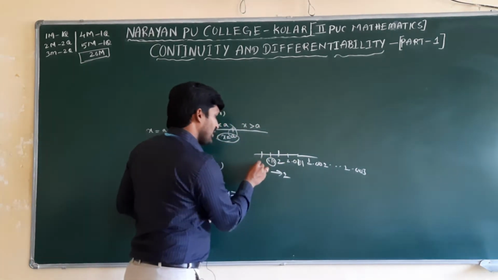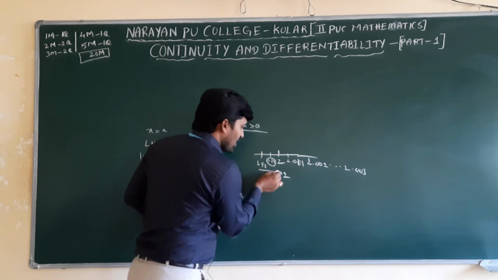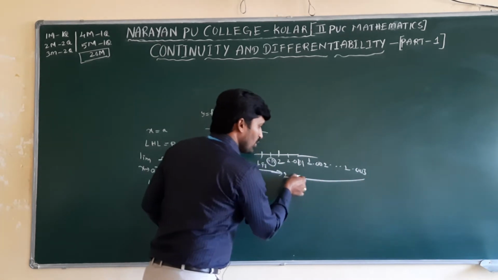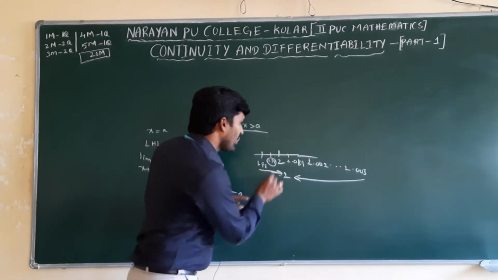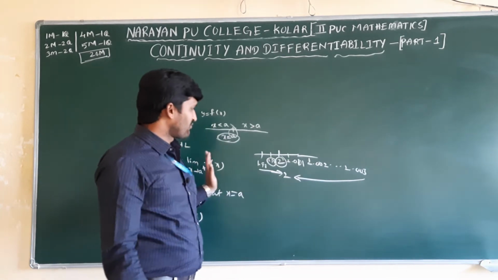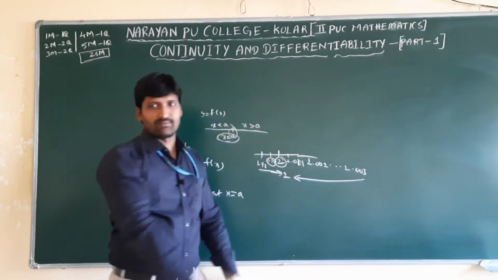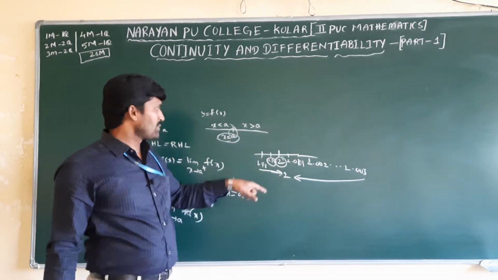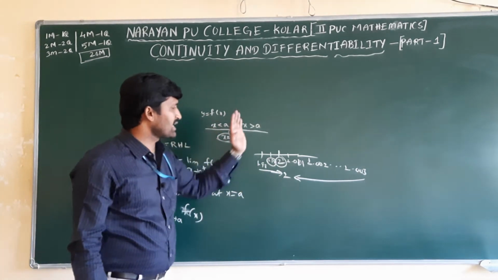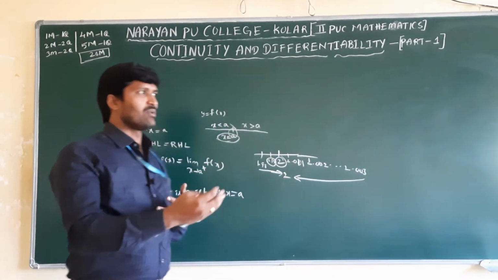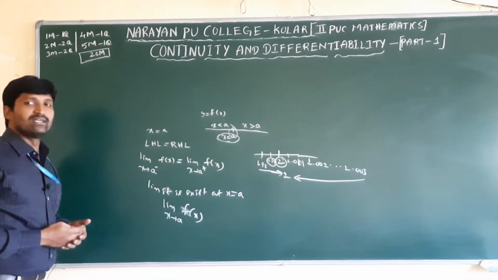But 1.99 and 1.98 are tending from left to right, and these values from right to left. But both are approaching which value? 2. We approach it from the left side and from the right side, but finally approaching this number only. Same way you approach a from the left side or from the right side. That we consider as the left hand limit and right hand limit.